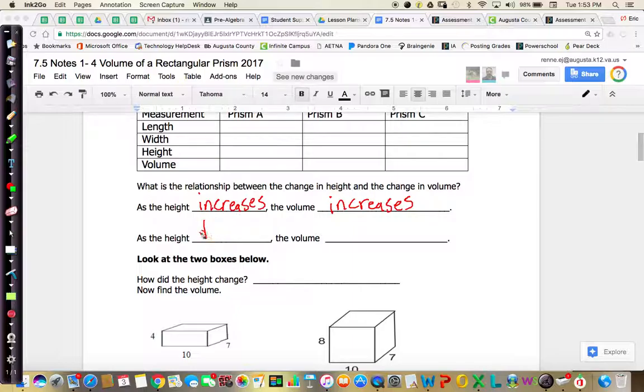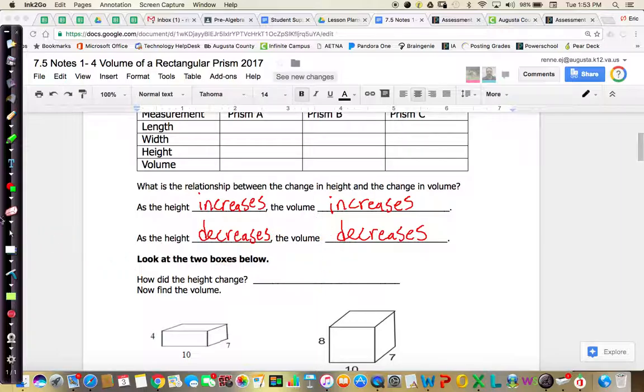So as the height decreases, the volume decreases. And we saw that relationship if we went from A to B to C, but if we went backwards, C to B to A, that's where the decreasing comes from.